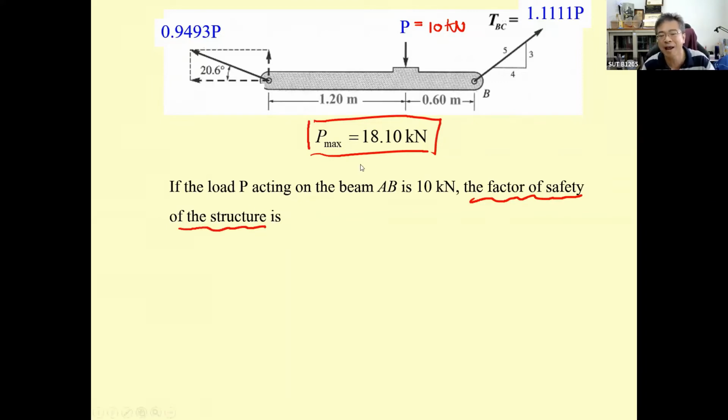You just divide the P max by the current P, and then you get 1.81 as the safety factor. That means you can increase the P a little bit more.